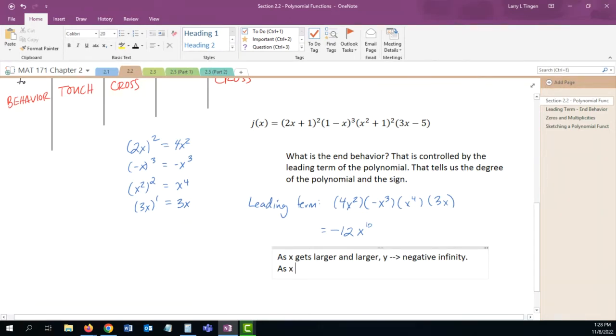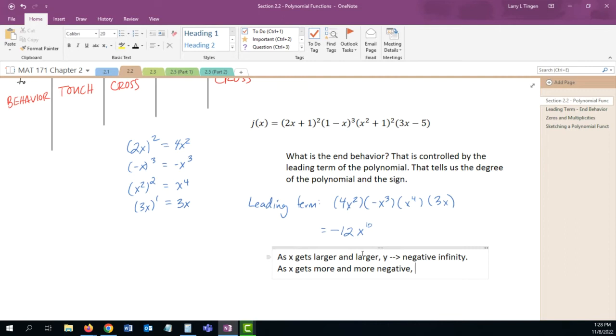What happens as x gets more and more negative? Negative 1 to the 10th is 1. Negative 10 to the 10th is 100. Whoa, no, sorry, way more than that.